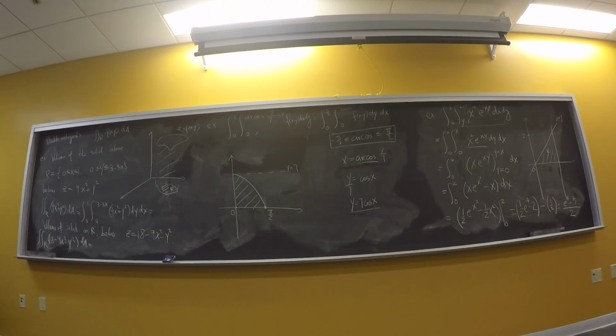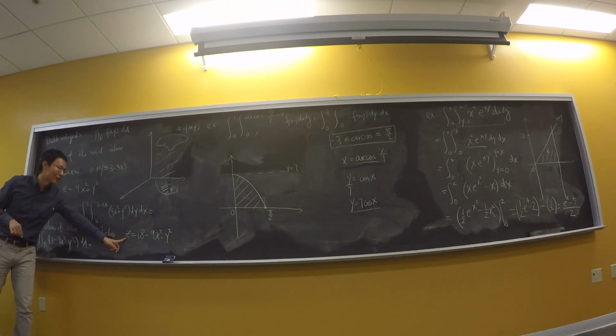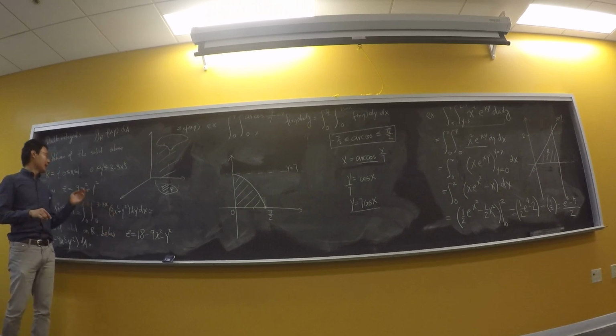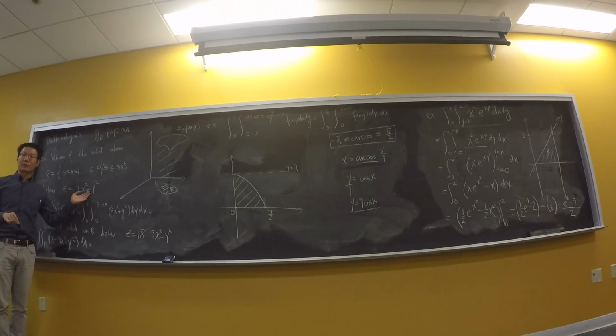Now here is one additional question I want to ask. I want to find the volume of the solid still built upon this region in the xy plane, but between these two surfaces, z is equal to 18 minus 9x squared minus y squared, and z is equal to 9x squared plus y squared.